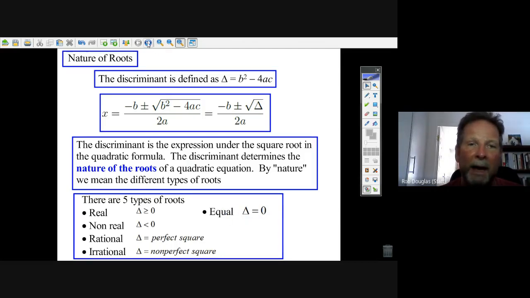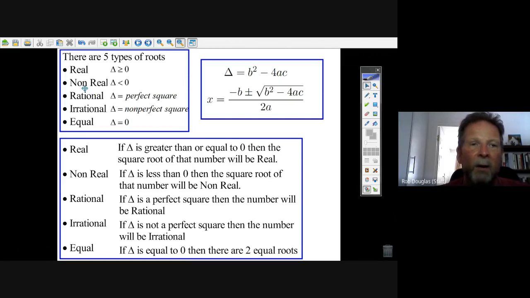Now I want to take a look at it a little bit carefully. Here are the 5 types of roots. If the discriminant, the thing in the bracket, is a positive number or it's 0, you can say the roots are real. If it's negative, less than 0, any negative number, you say they're non-real.